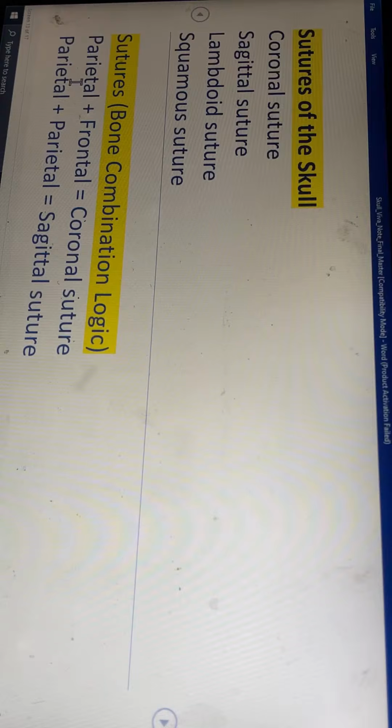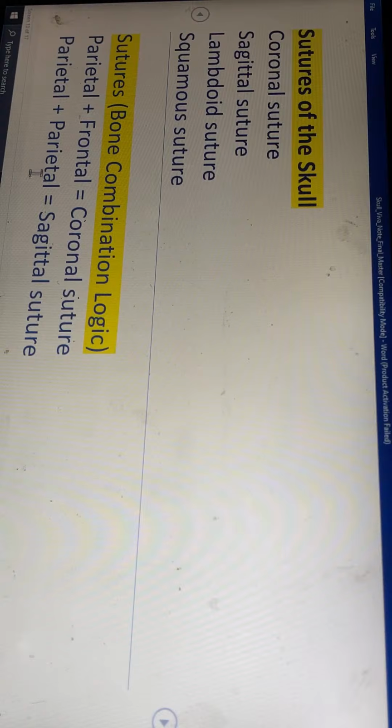For these sutures, I will still explain all these things. The parietals are always present. Are we together? The parietal plus the frontal is held by the coronal suture.